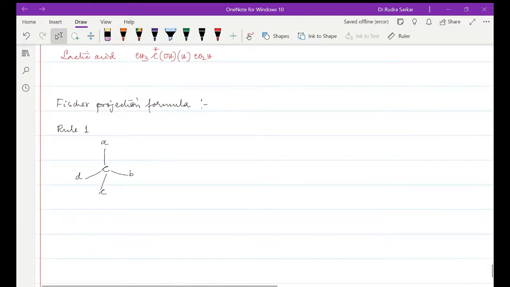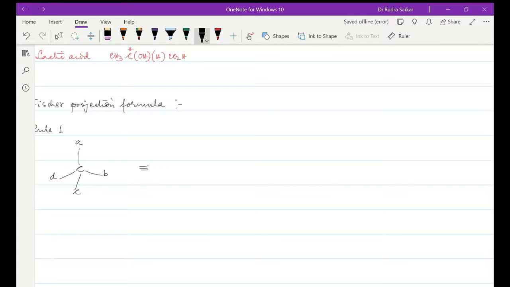Now, according to Fischer, if you want to represent this molecule in a Fischer projection formula, one has to imagine that there is a vertical line like that, okay, and there is a horizontal line like that, okay. So where these two lines meet, we have the tetrahedral carbon over here, okay.